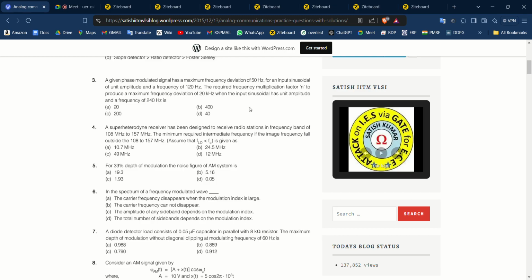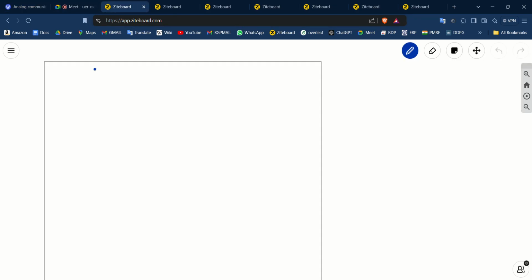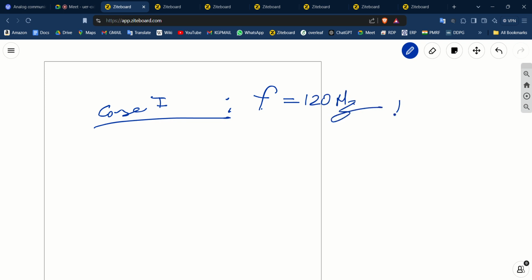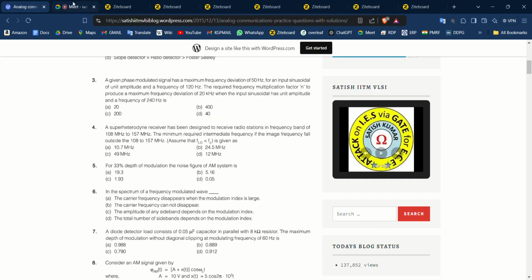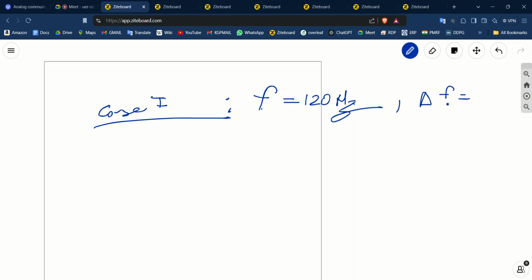In question number 3, there are two cases given. In case 1, the input frequency f is given to be 120 Hz and the frequency deviation due to phase modulation is delta f equal to 50 Hz.